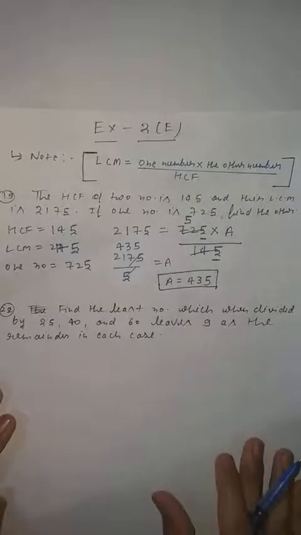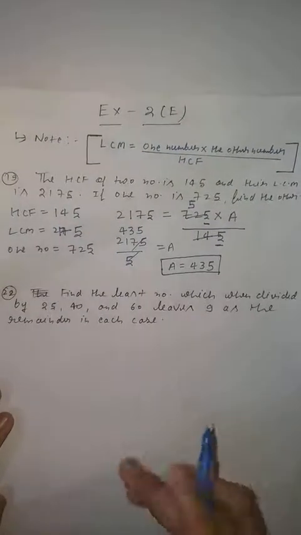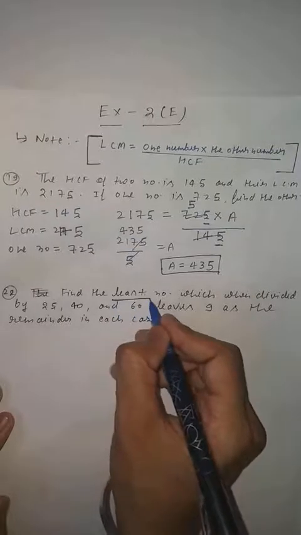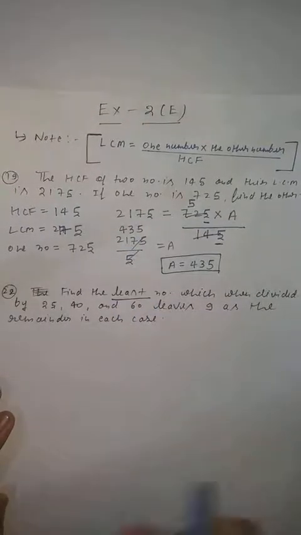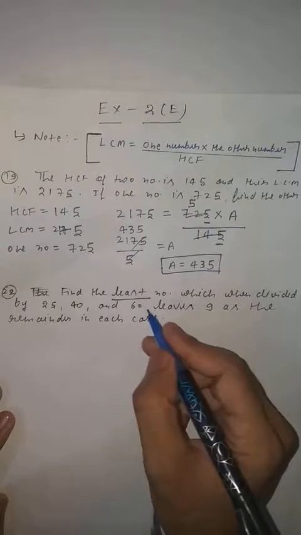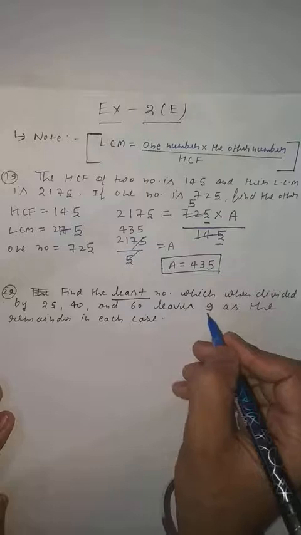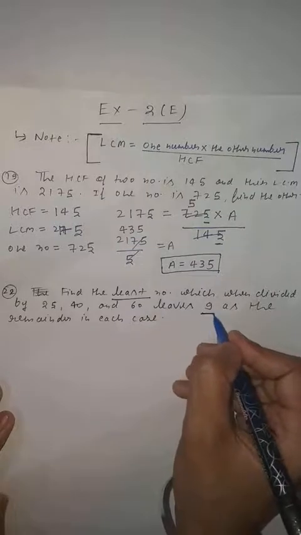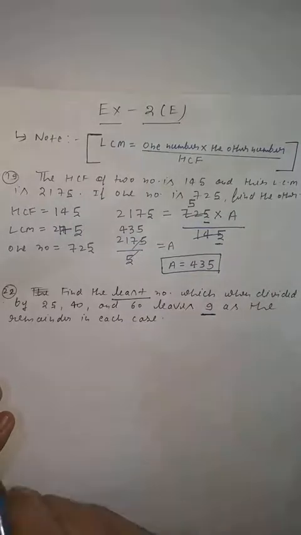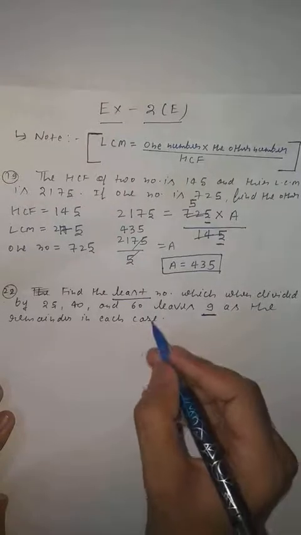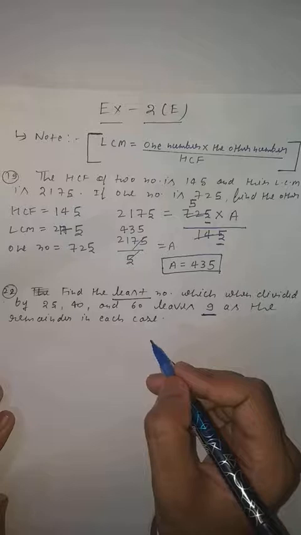So students, this type of question I explained previously, but here you have to find out the least number, and previously I explained the maximum number. So what is the difference? If you have to find out the least number, first you will find out the LCM and then you will add this remainder to it. And in that question, I first subtracted, then I found the HCF.